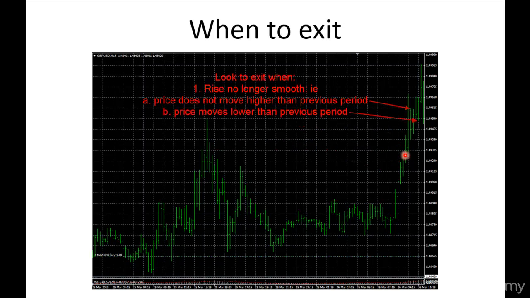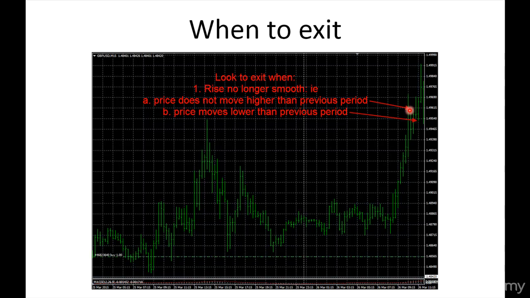But how do we know when to exit then? Well, we know when to exit when the rise is no longer smooth. What does that mean? When the price does not move higher than it did in the previous period. You notice here that the price didn't move higher than in the previous period. So then we start getting worried. We don't necessarily exit all our positions, but we might start exiting 1 or 2 of the additional positions.